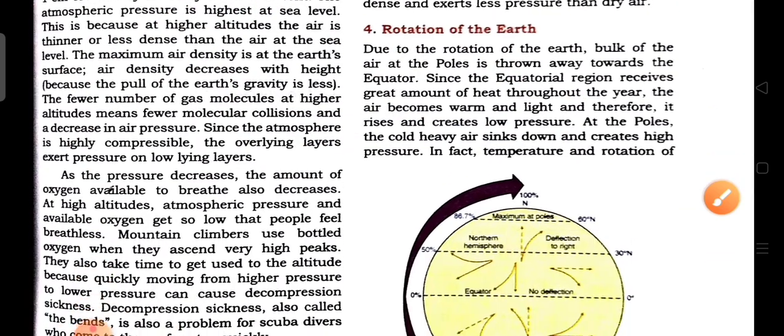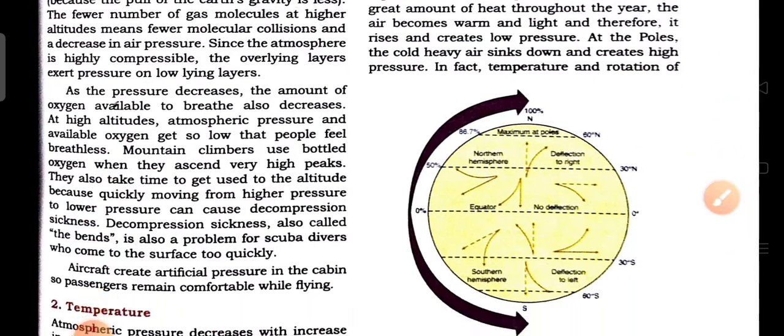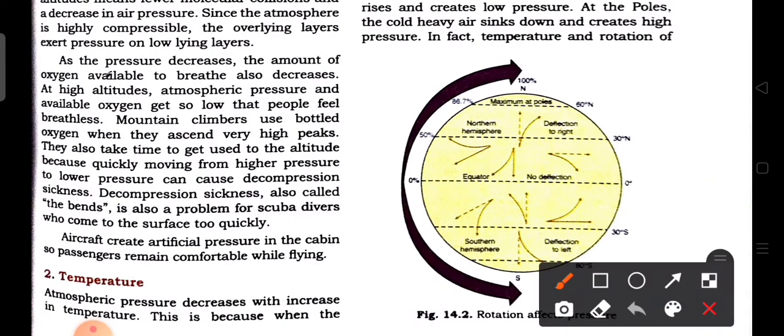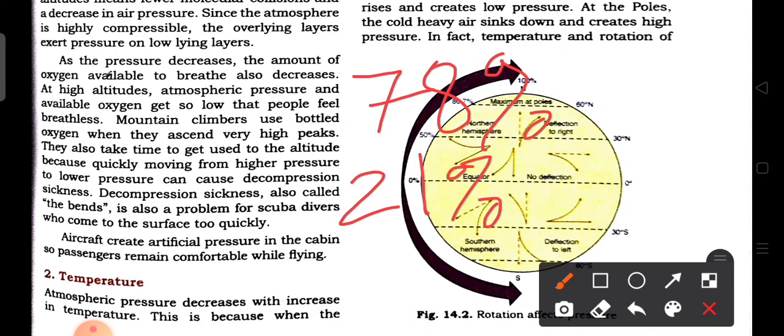Now, as the pressure decreases, the amount of oxygen available to breathe also decreases. As we know, in the air there is 78% nitrogen and only 21% oxygen.